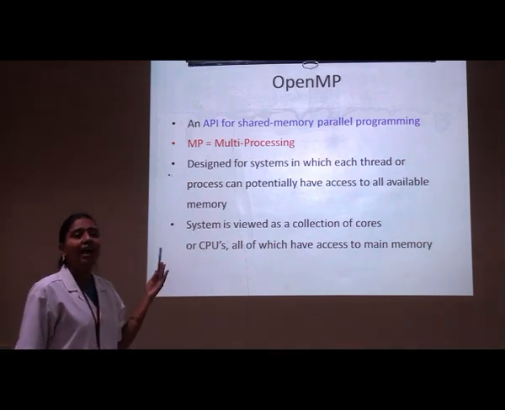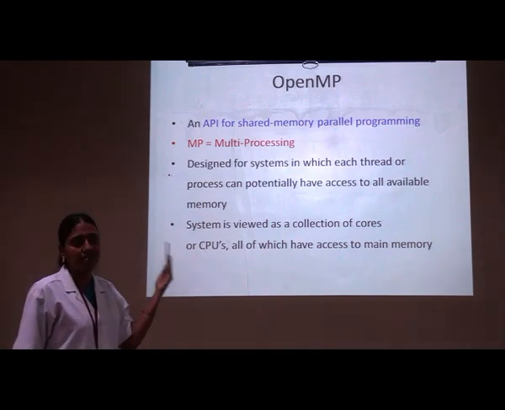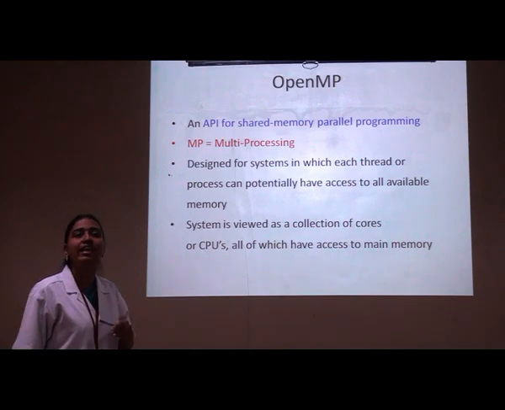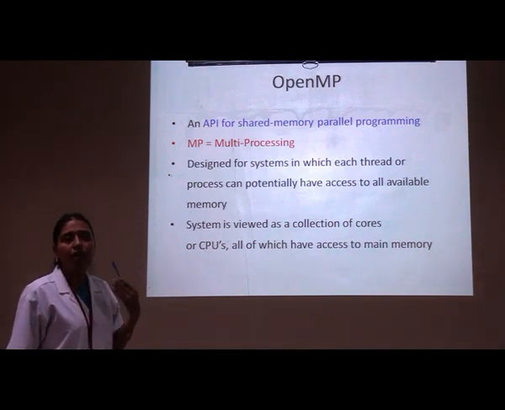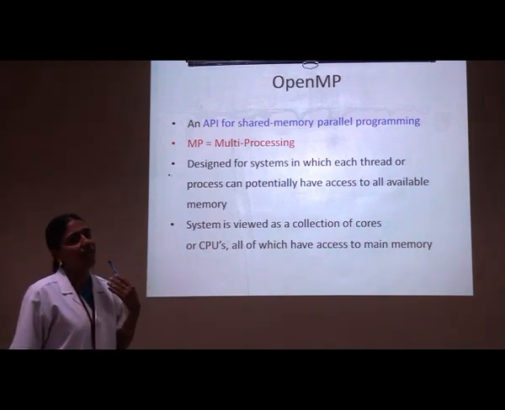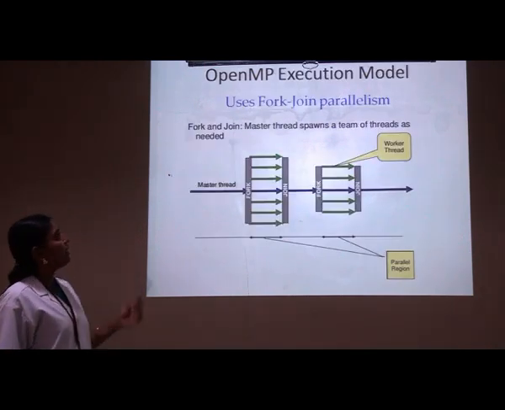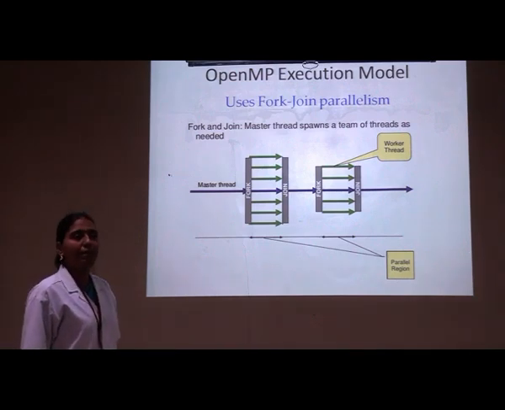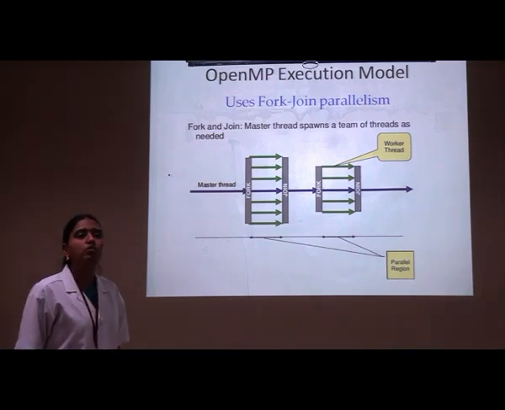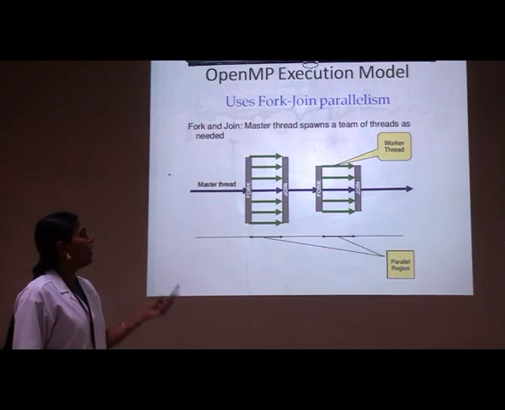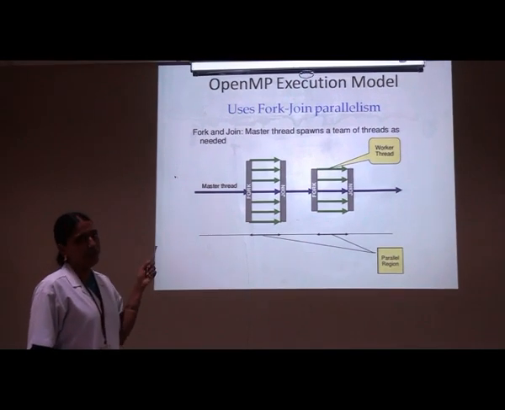Here we have several library routines. Using the library routines, we can execute normal communication routines, and we can create and implement multi-threaded applications. OpenMP, that is the Open Multiprocessing API, uses an execution model based on fork-join parallelism.